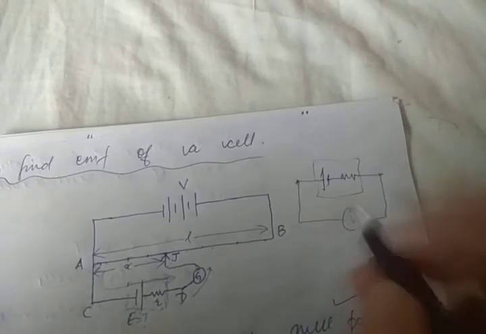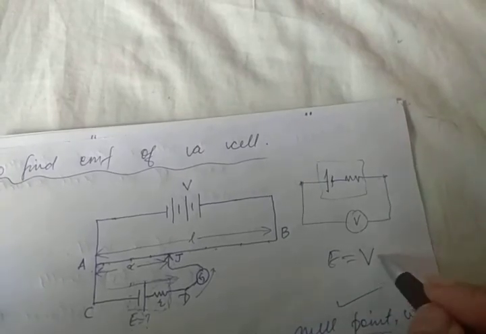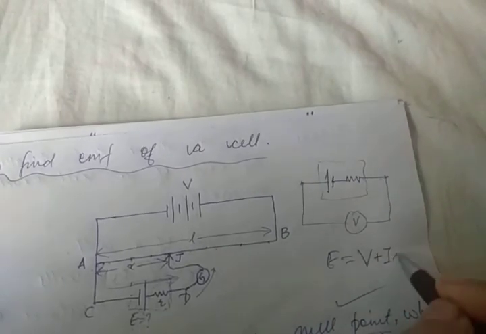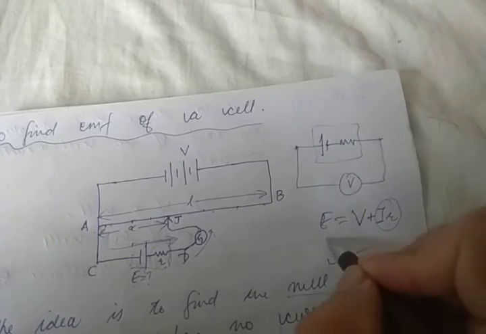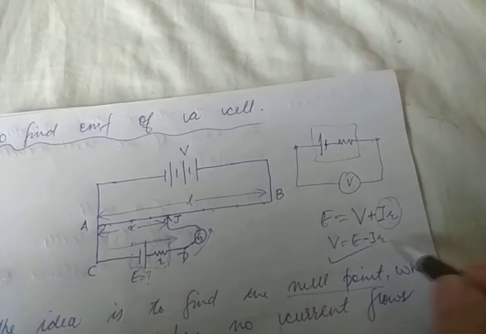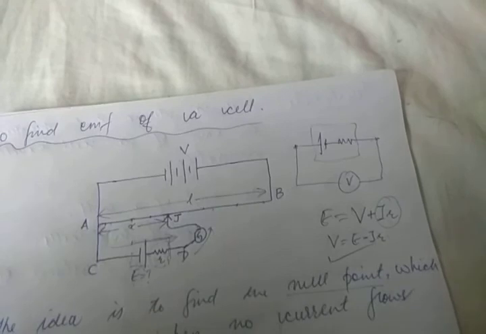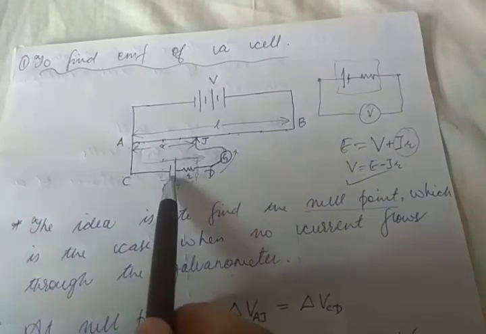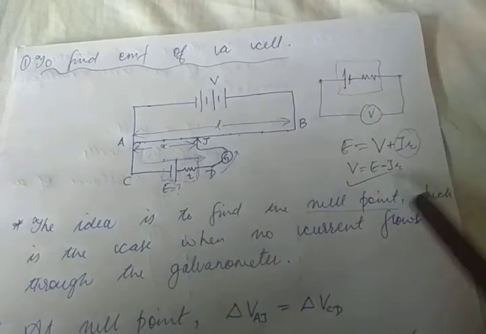Because the EMF was the terminal potential plus the voltage drop across the internal resistance. So the terminal potential is E minus I into R, and this is what the voltmeter is going to measure. Remember that.